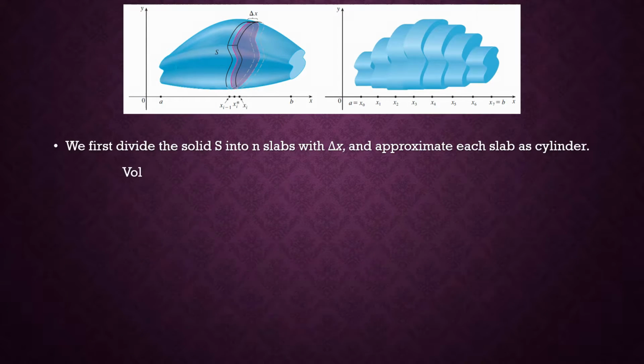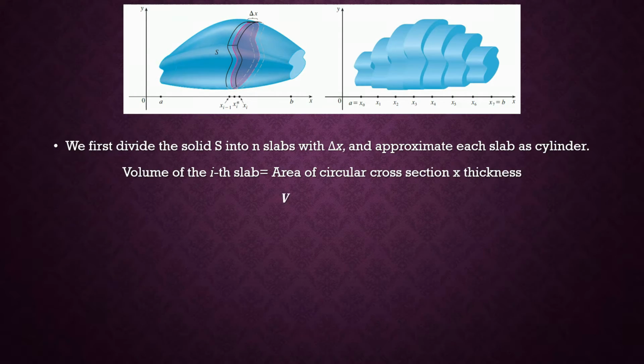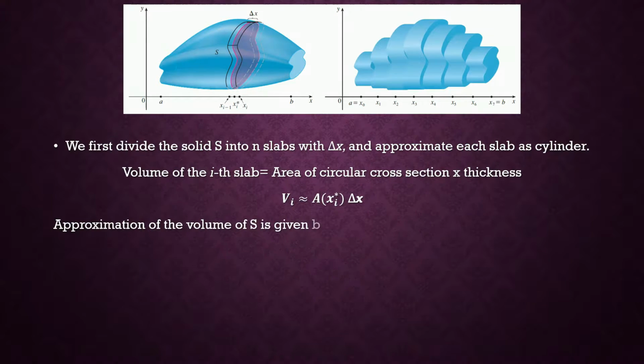Volume of the ith slab is area of circular cross-section times thickness, which equals Vi approximately A(xi) times delta x. Approximation of the volume of S is given by V approximately the summation from i equals 1 to n of A(xi) times thickness delta x.